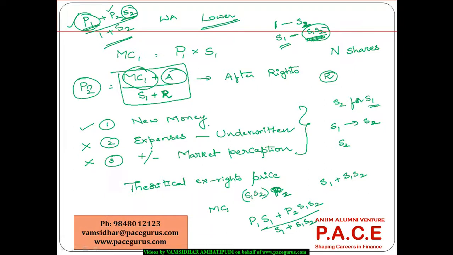But here we are considering only that the new money is taken into consideration. I'm not taking into consideration the expenses and even the market perception. But okay, computing the expenses probably would have been an easier step. But incorporating the market's perception, calculating the market's reactions, all these things are going to be a very difficult exercise.